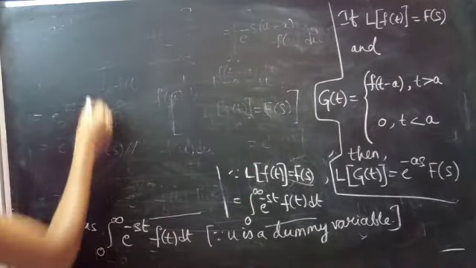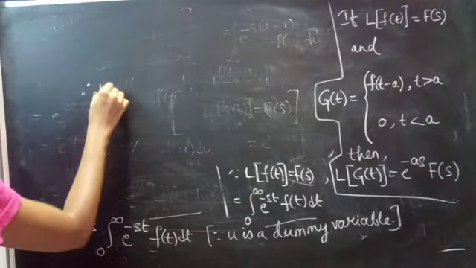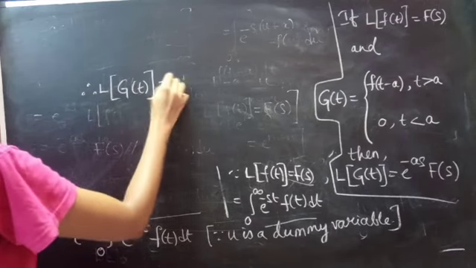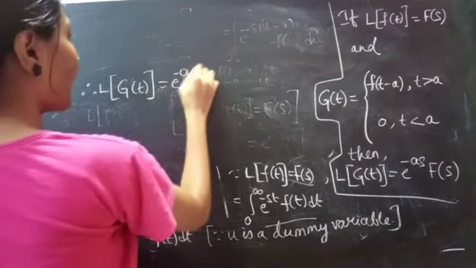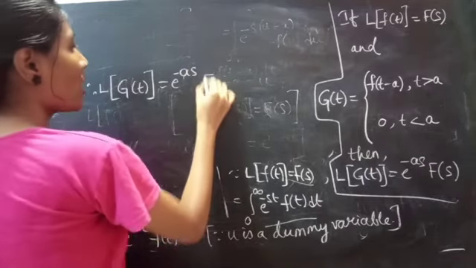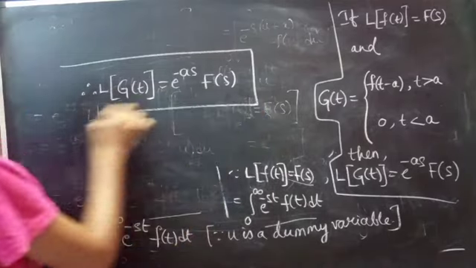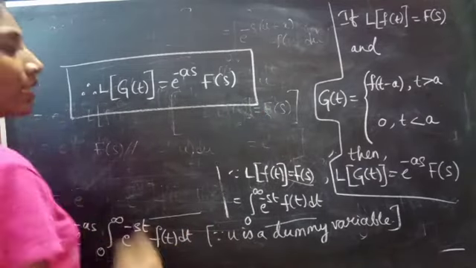Therefore, L of g of t equals e power minus as into capital F of s. So this is your second shifting theorem.